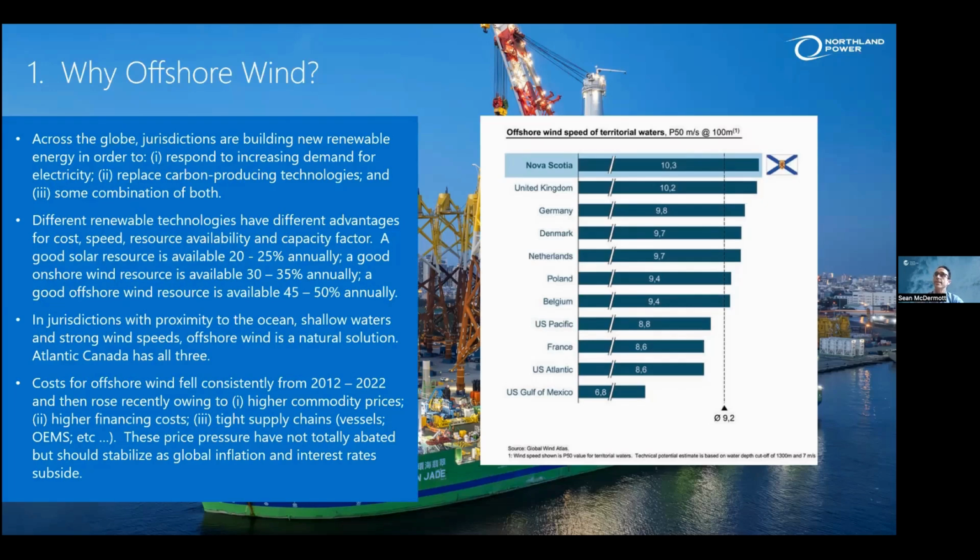Those have rebounded recently. They've rebounded for lots of technologies and lots of prices across the globe, owing to a range of factors from higher commodity prices, higher financing costs, tight supply chains, which in part came from the demand for offshore wind. And these price pressures have not totally subsided, but they're stabilizing as global inflation and interest rates are stabilizing.